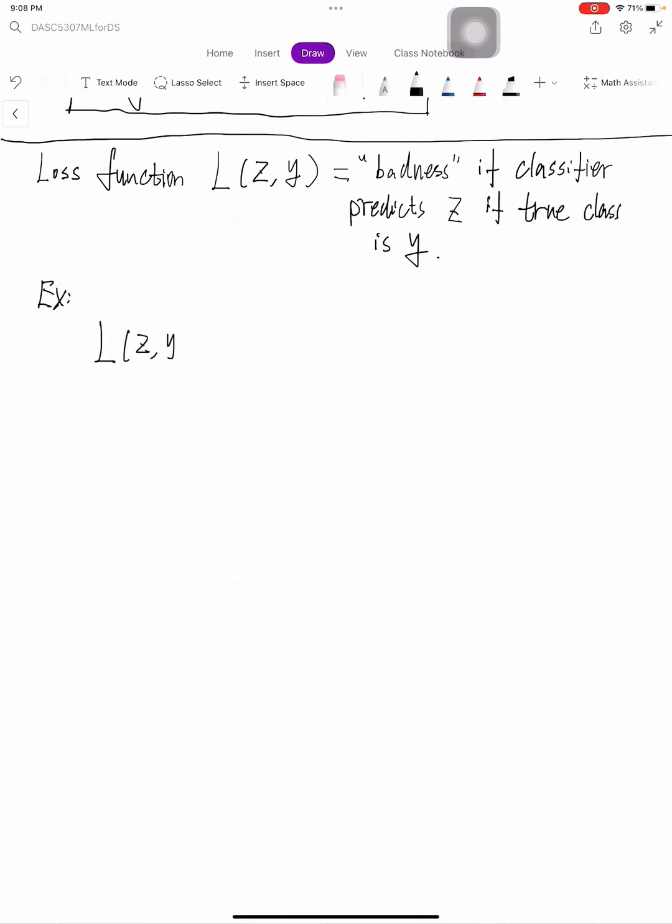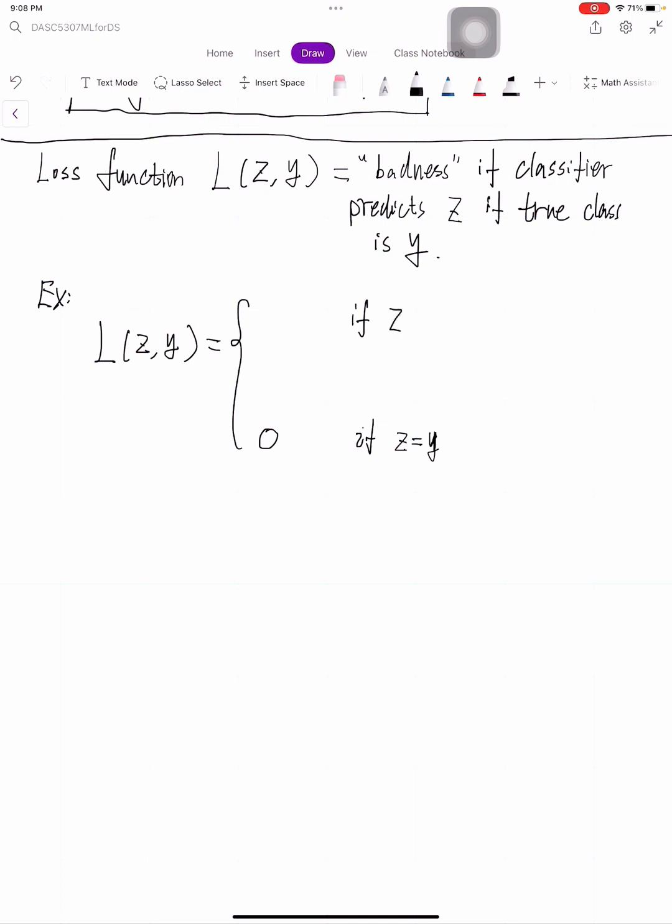So here I give you one example of a loss function L(z, y). In the first case, if the prediction or classification is correct, we don't give any loss. This means if we predict the healthy person has no cancer and the cancer patient has cancer, these are two correct cases.